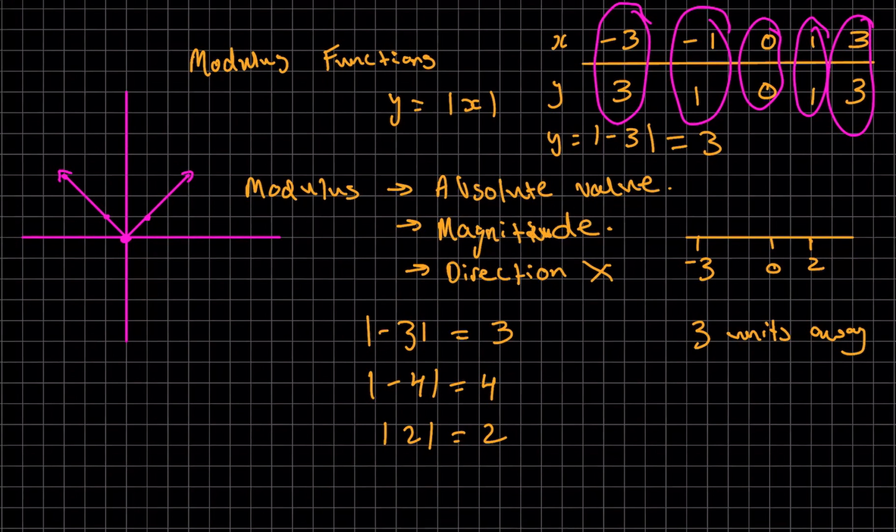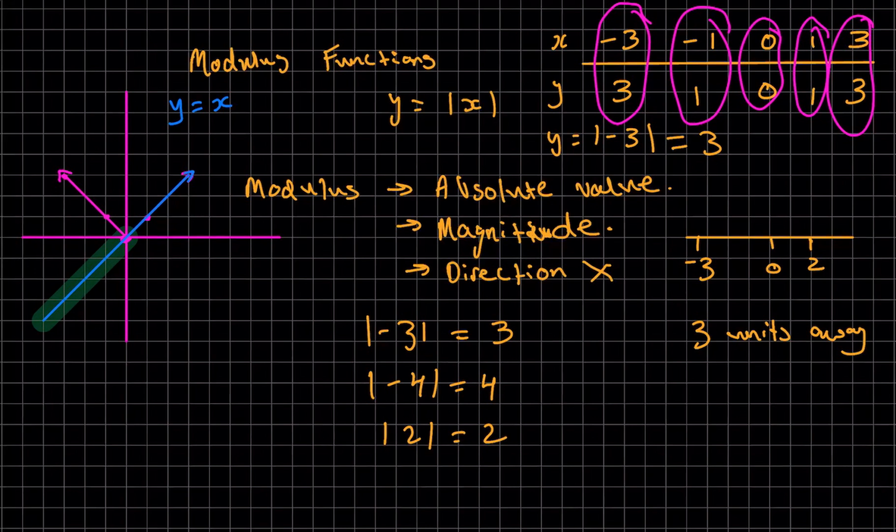Now, if we were asked to graph the linear function y equals x, that would look something like this. A straight line with a gradient of 1. By adding the modulus, I'd like you to notice what we've essentially done is we've taken the negative x region of the graph, which is over here, and we have flipped it over the x-axis.